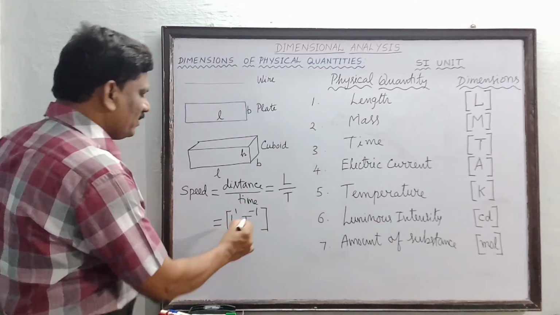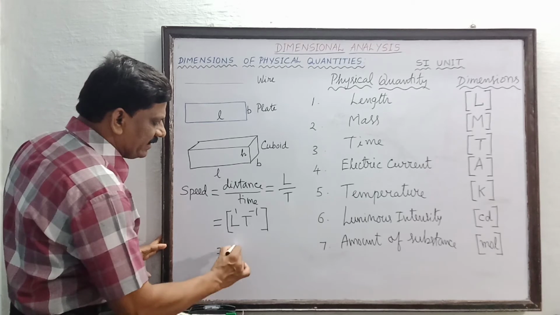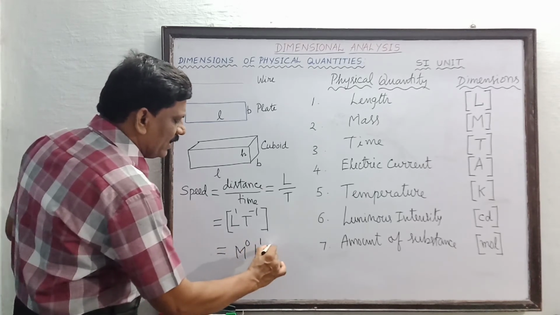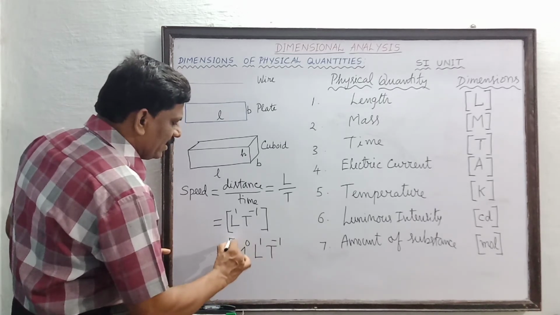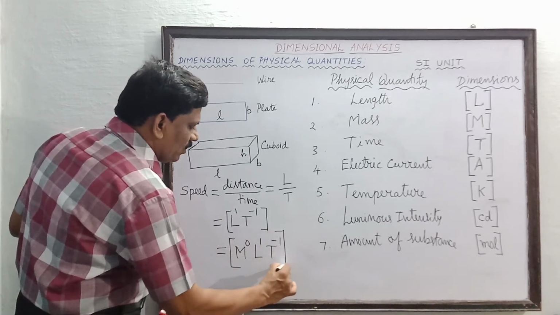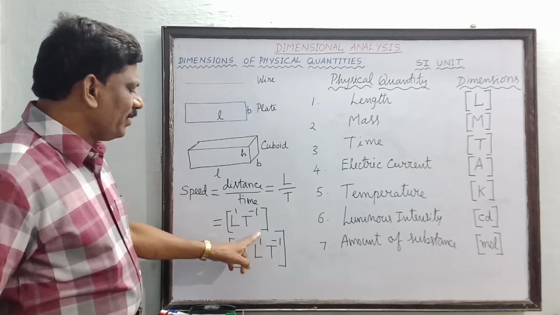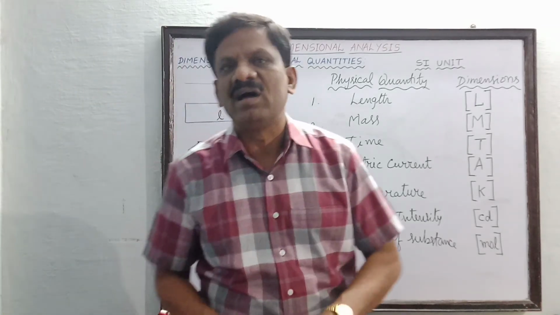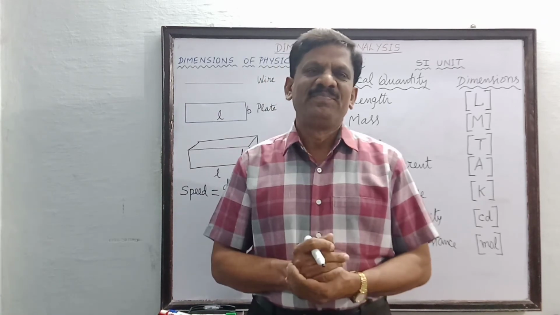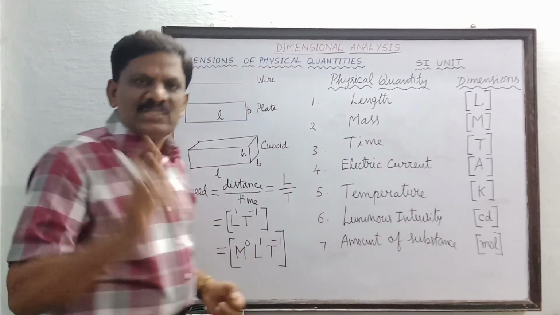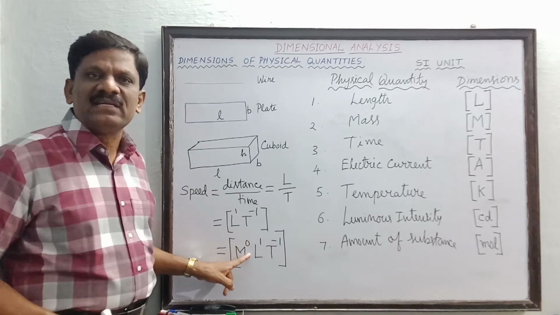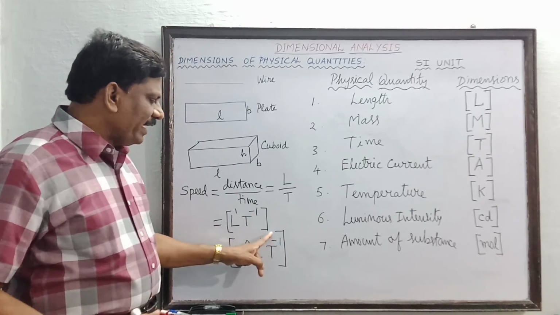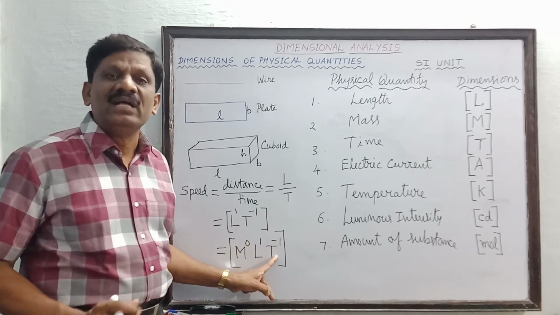So I write M raised to the power 0, L raised to the power 1 and T raised to the power minus 1. This is called the dimensional formula of speed. You must remember, speed has 0 dimension in mass, 1 dimension in length and minus 1 dimension in time.